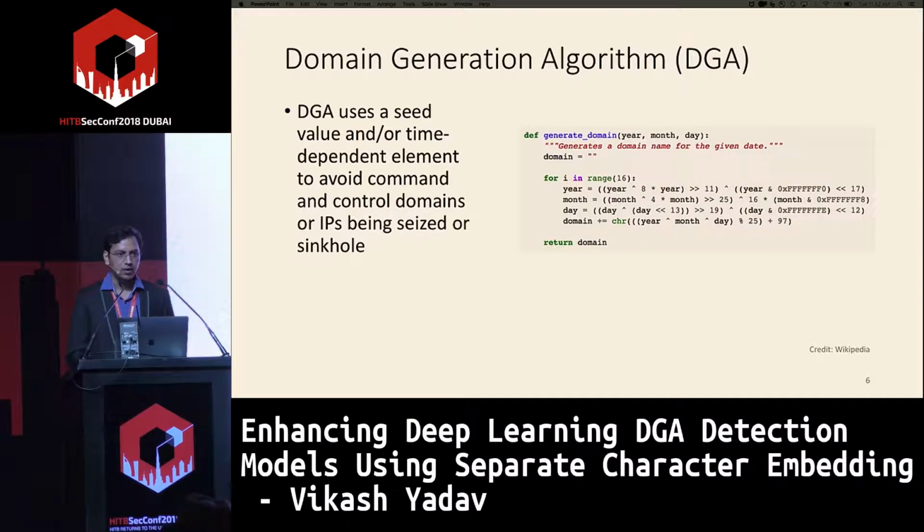The malware is then going to use these domains to make a connection to the C2 server. And these domains would change every day. So it's not like you can block them one day and then the malware is stopped. These domains would change every day and you have to keep blocking them every day.